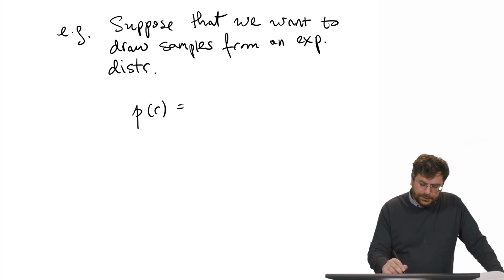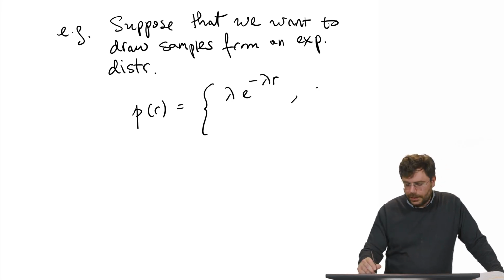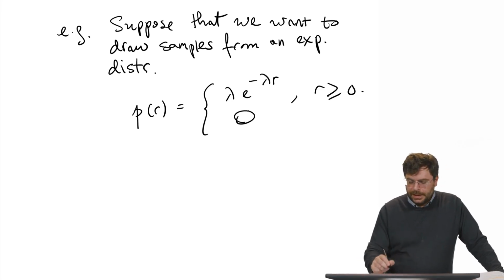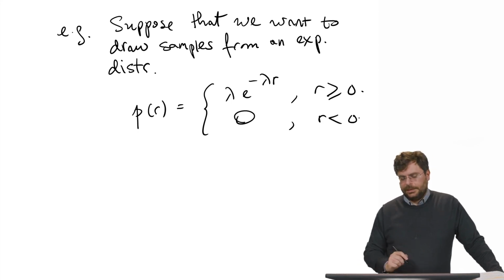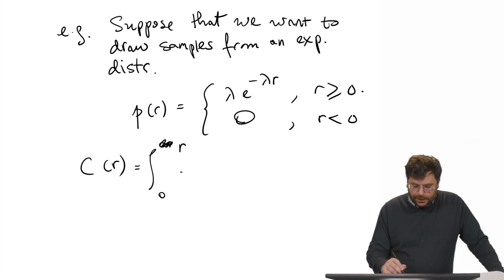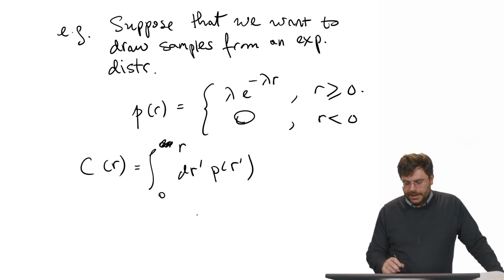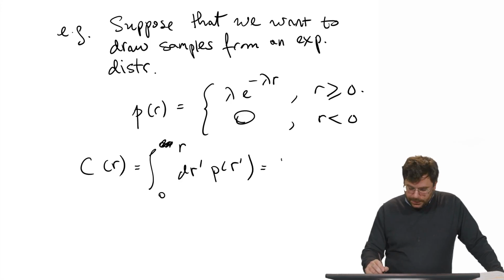We consider the fact that P of R is lambda e to the minus lambda r when r is greater than or equal to 0, and it is 0 if r is less than 0, right? That's the definition of the exponential. Then I have to integrate C of R, which is going to be, well, 0 to r dr prime p of r prime. And I can do the simple exponential, and that's going to be 1 minus e to the minus lambda r.